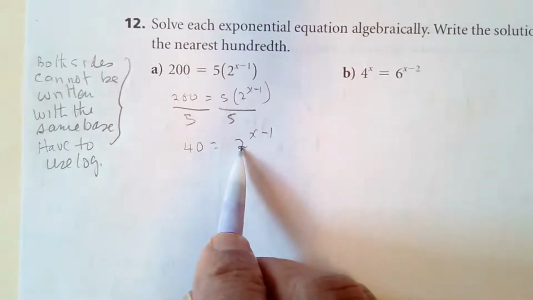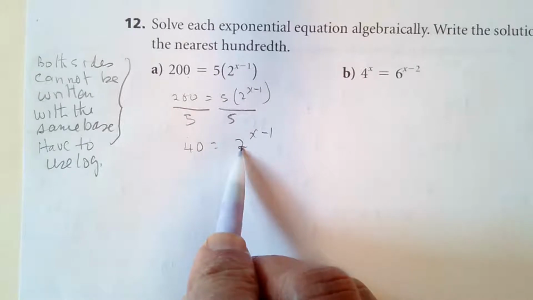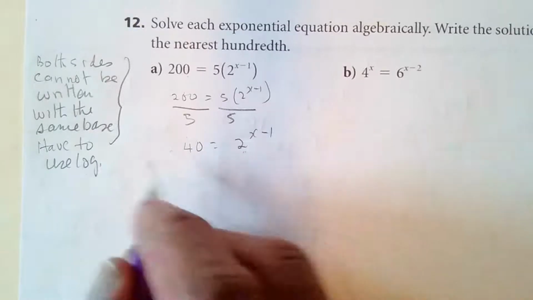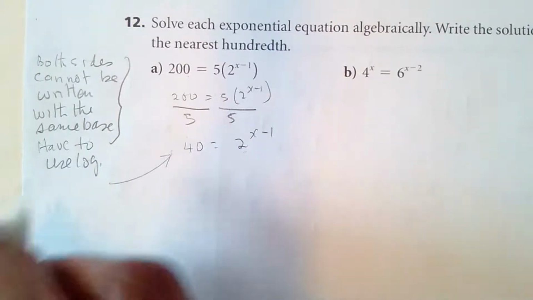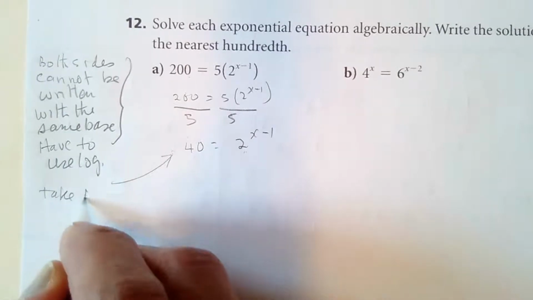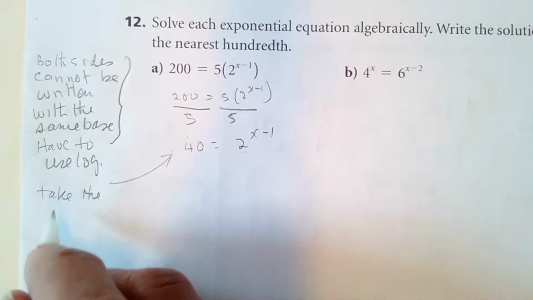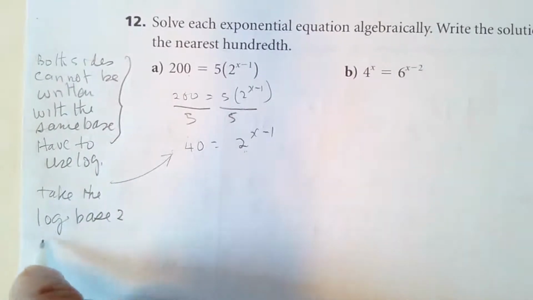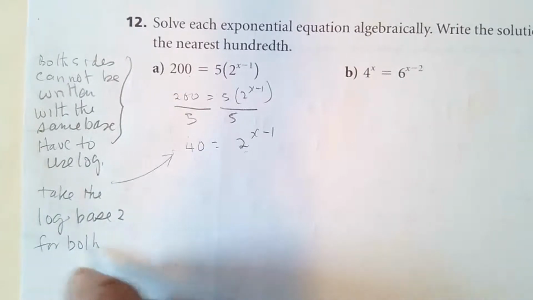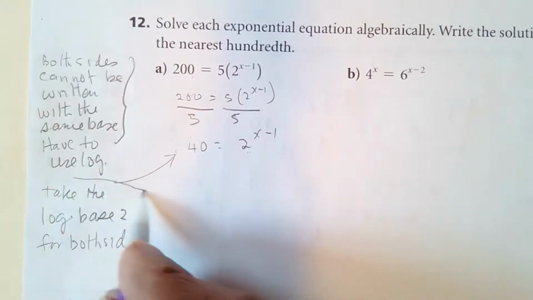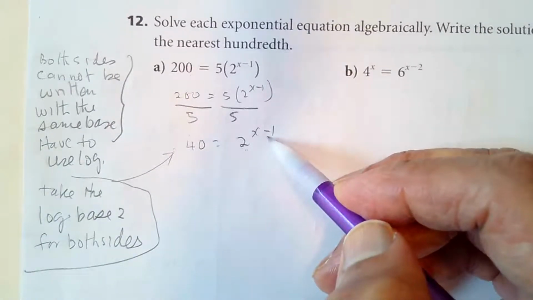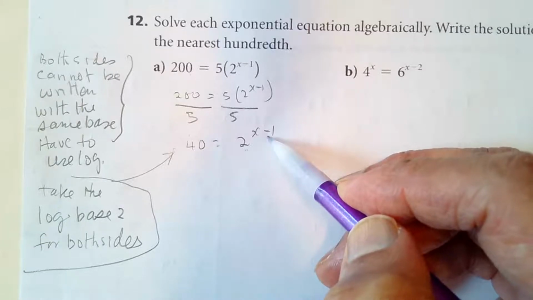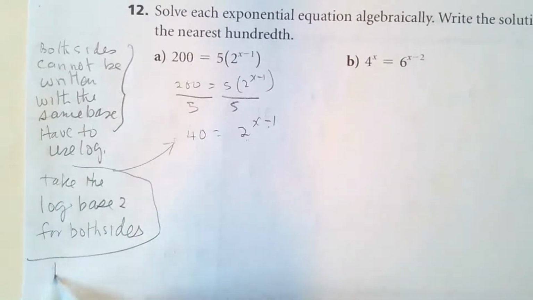Next, we want to take the log base 2 of both sides. And the reason for that is that we can end up with x minus 1 on one side because we are applying this principle again.